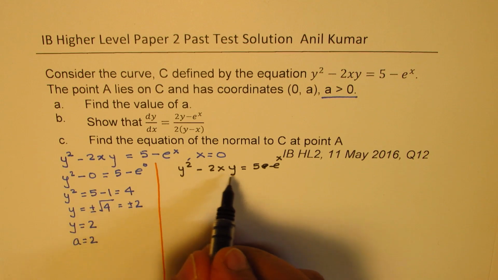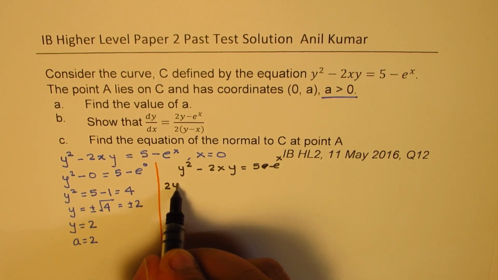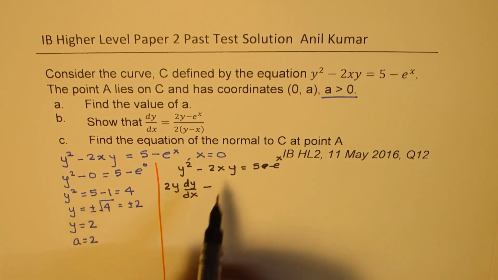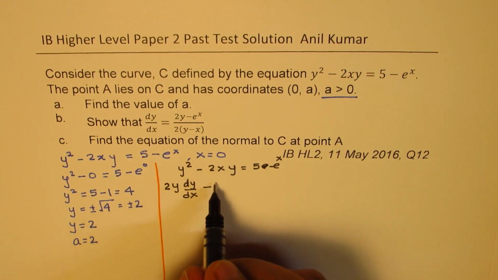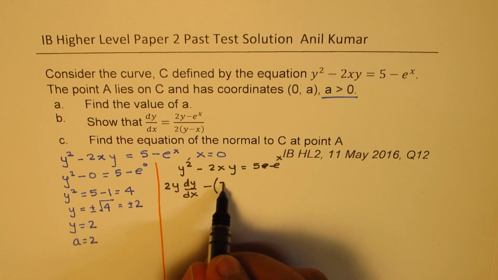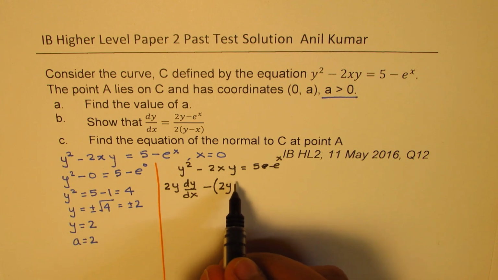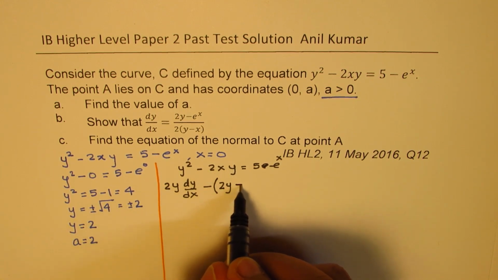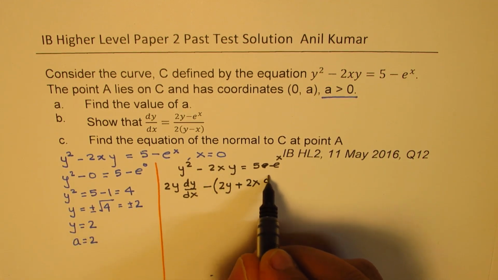Taking derivatives with respect to x, we get 2y dy/dx minus, product rule will be applied here. First differentiating with respect to x, let me put brackets here, we get 2y, and then differentiating with respect to x for y, so 2y plus 2x dy/dx.